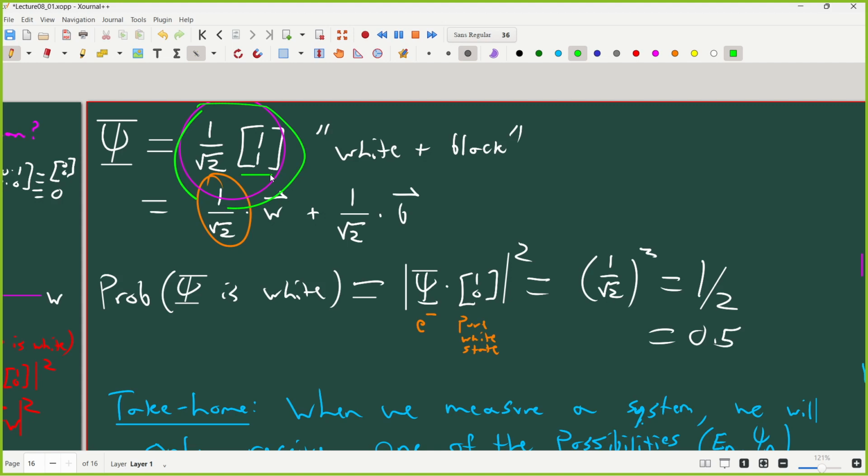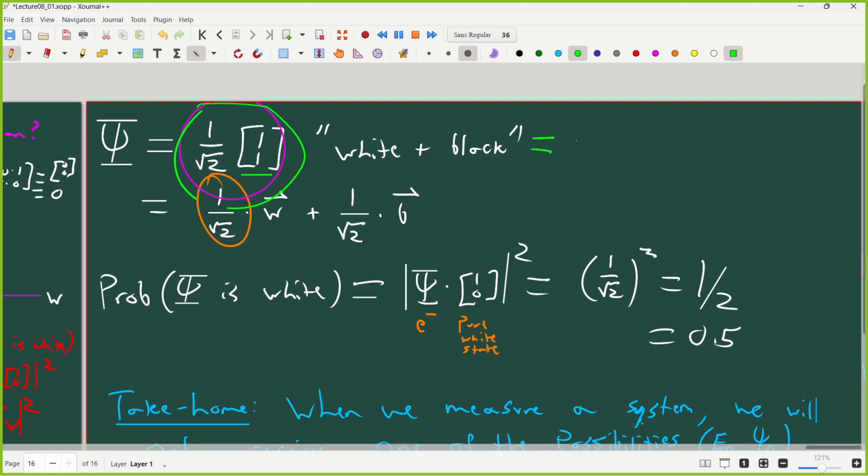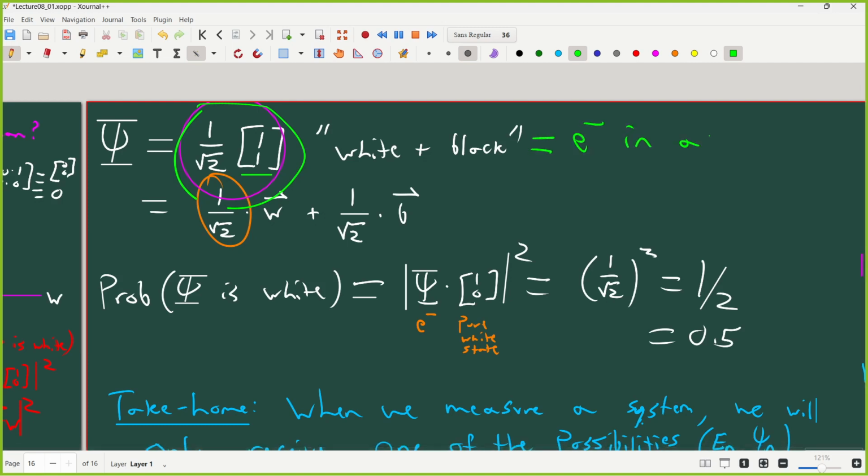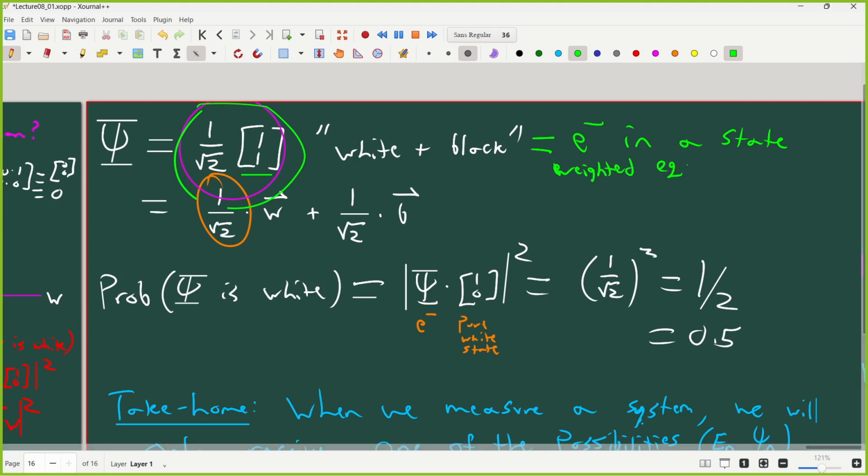A 1, 1 electron says that if I measure it, it's going to be 50% white or 50% black. That's the chance. That's all I know about it, and it's the only thing I can measure about it with color. So saying it's white plus black really means that it's an electron in a probabilistic state, weighted equally between white and black.